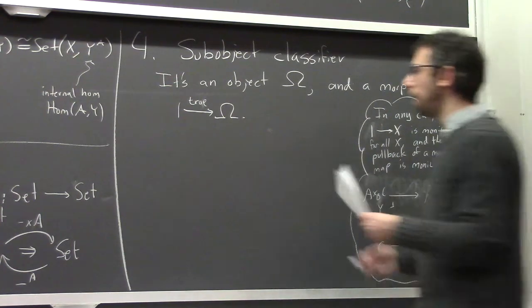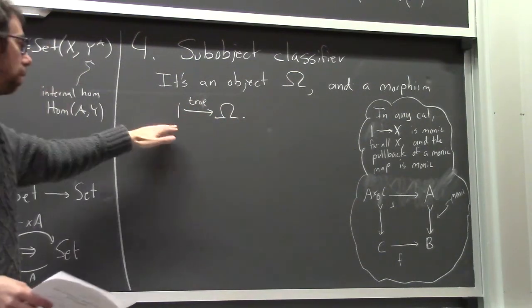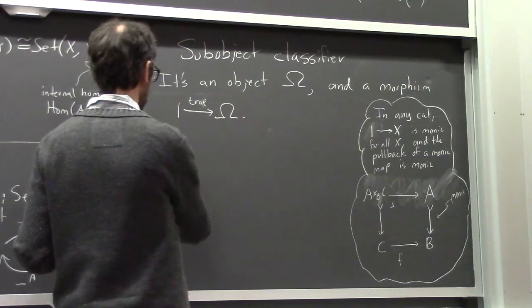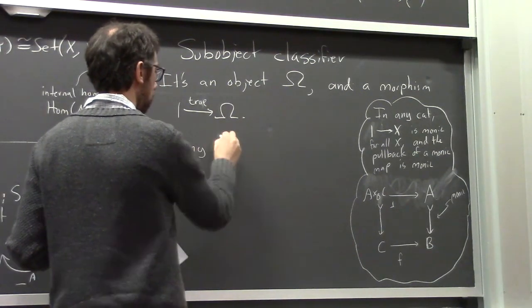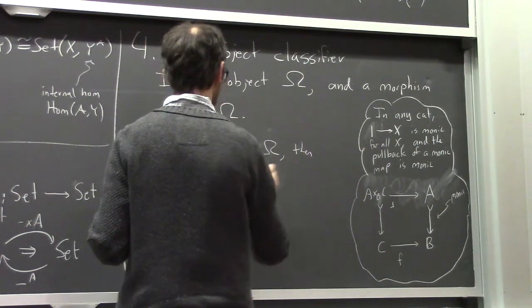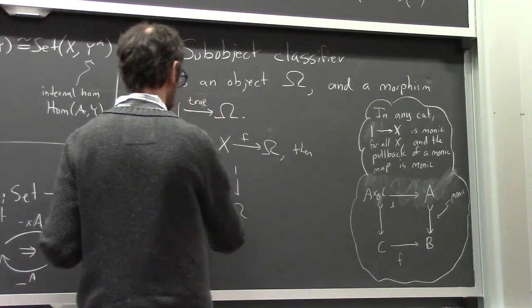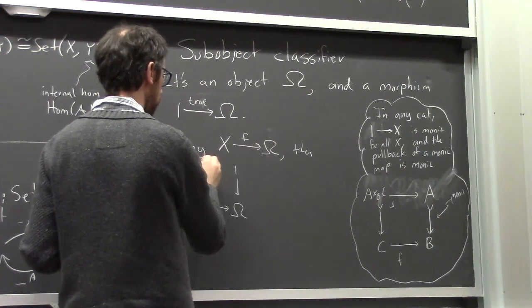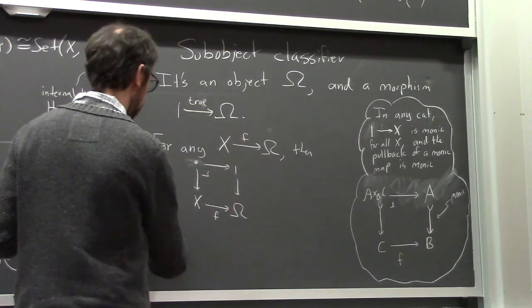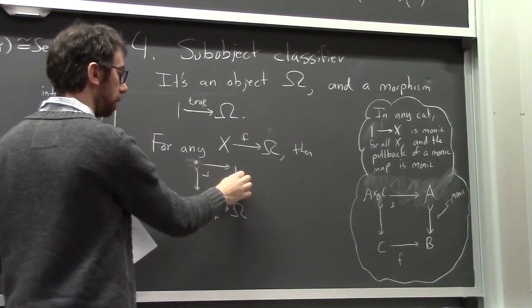Okay, so I have a morphism from 1 to omega in a category. My category is a topos, so I know it's a monomorphism. And so for any map x to omega, if I look at the pullback for all f, this thing is a monic map, because this is.